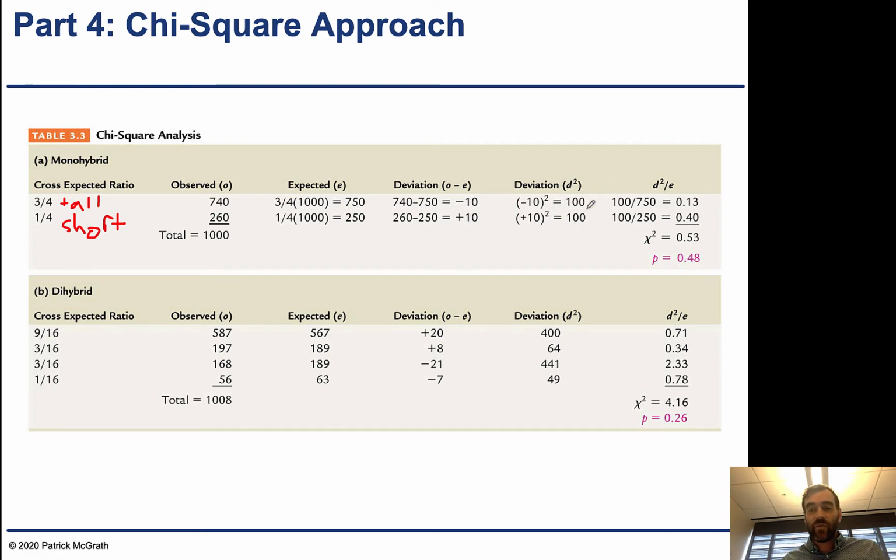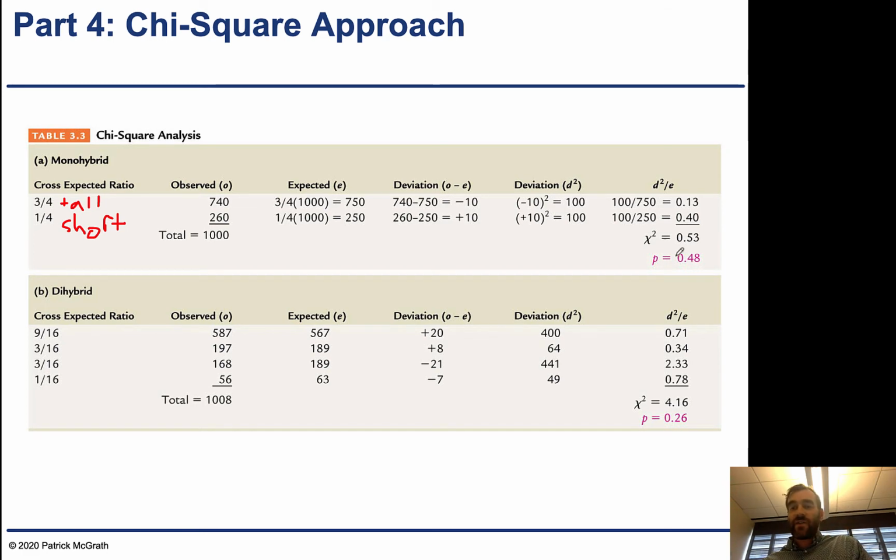Finally, we normalize this by dividing by the expected number that we thought we would get. So we take the 100 divided by the expected 750, and we get 0.13. Then we do 100 divided by 250, because we expected to get 250 short.